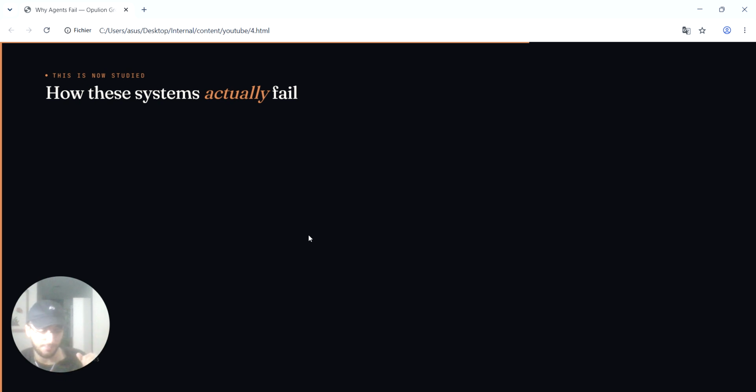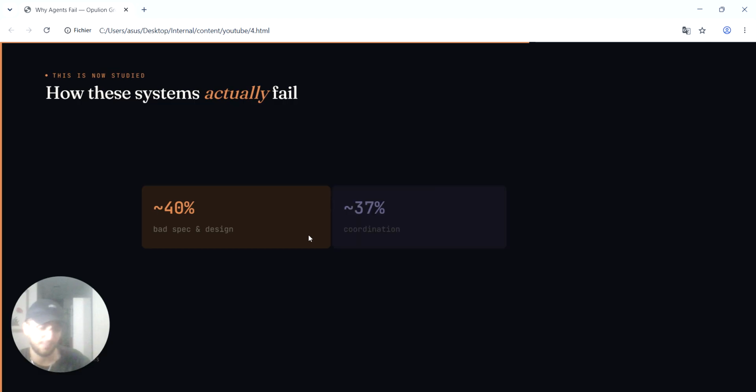Here's what they found. About 40% of failures were because of bad specification and design, meaning how the system and the rules were defined in the first place. The second is about 37% of cases, which came down to coordination between the parts, the handoffs, exactly what we've been talking about earlier.